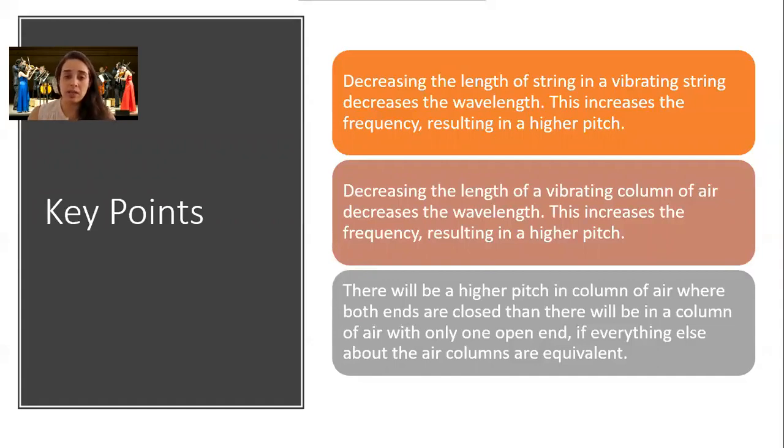And then the last one is there will be a different pitch in a column of air where both ends are open than in a column of air where only one end is open. If everything about the air columns is equivalent, meaning the temperature and that kind of stuff remains the same, then changing whether it's open or closed is going to affect the pitch.